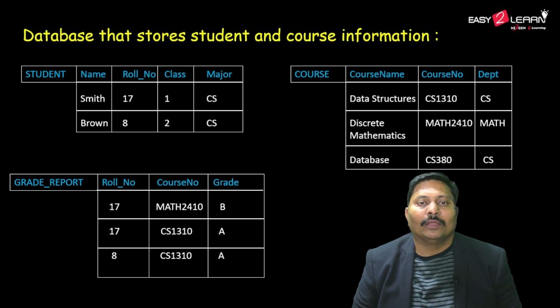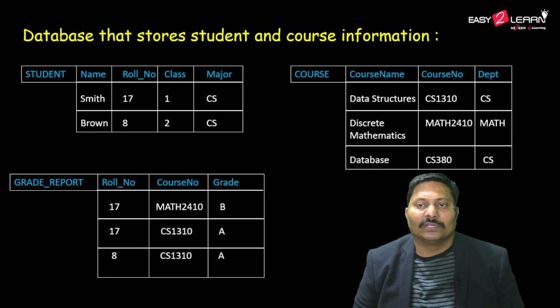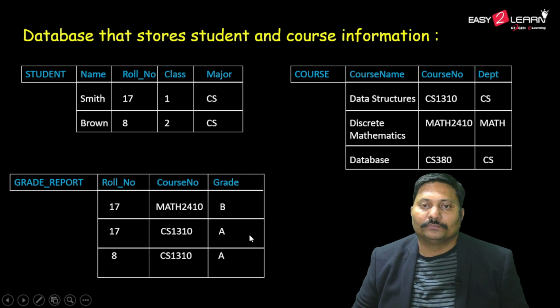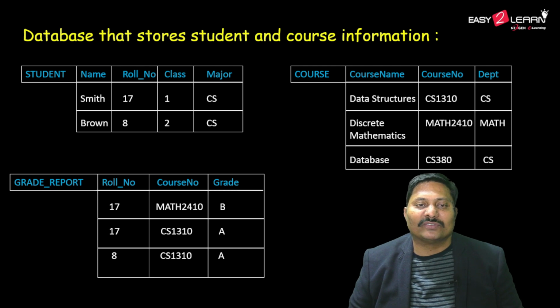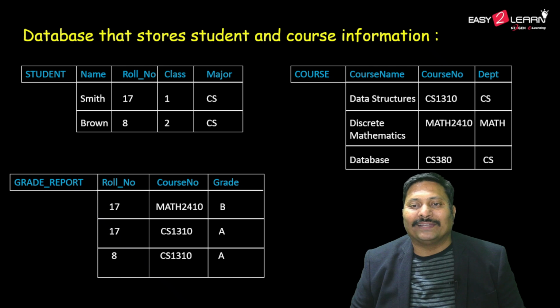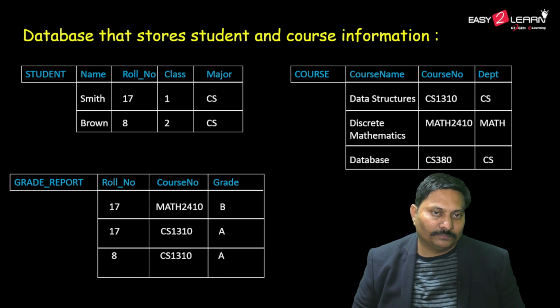Examples of querying would be listing all students in the CS branch in that university, or listing the grades received by a particular student in each course. And then we saw sharing the database, where this particular database can be shared by many users at the same time in an efficient manner. So this is a very simple example of a database that I have taken to help you understand what a database is and also to understand its functionalities.